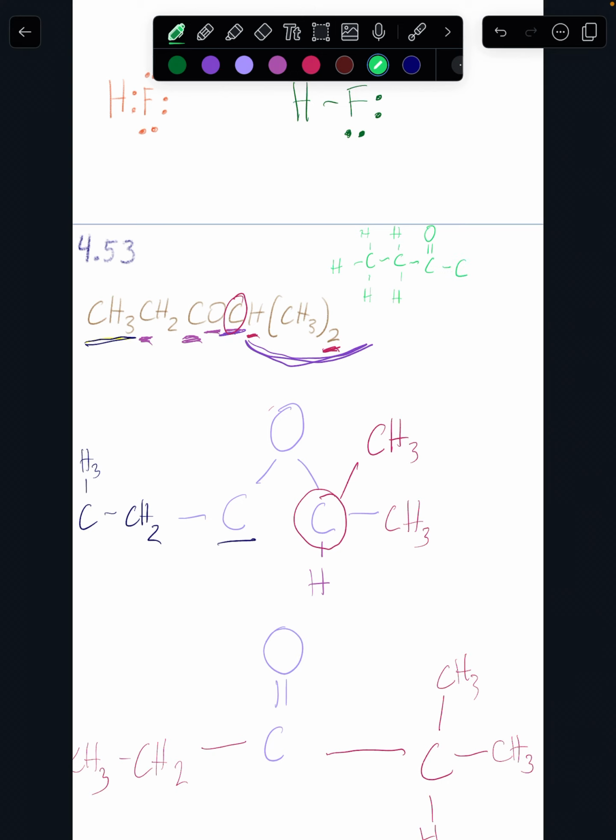Then you have this carbon here that has a hydrogen. And then it has your 2 other CH groups.